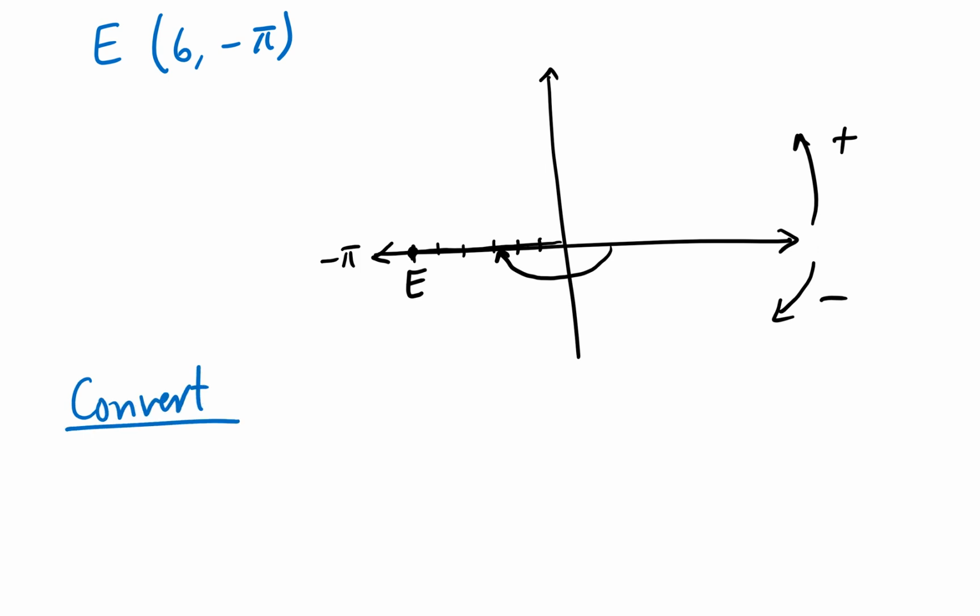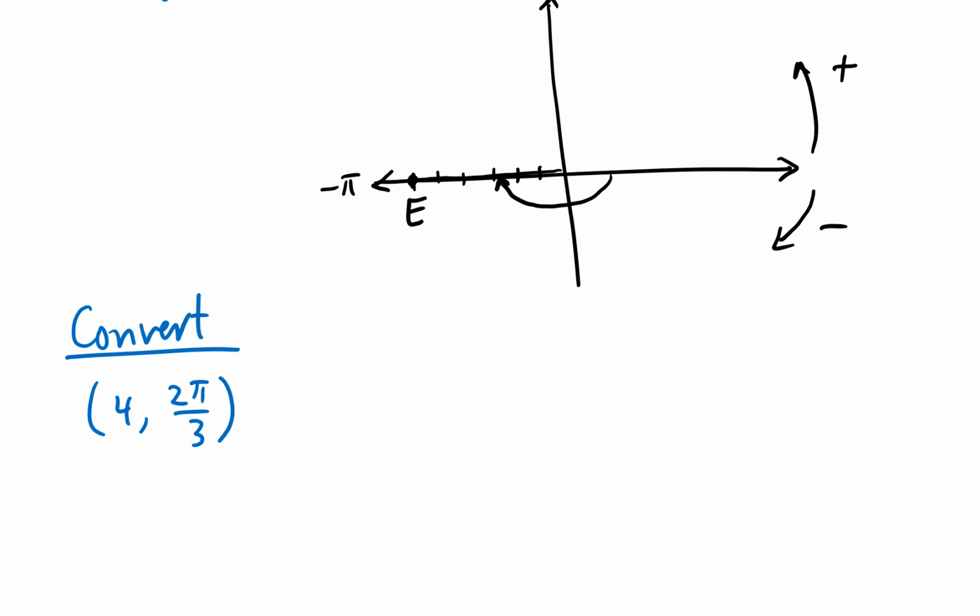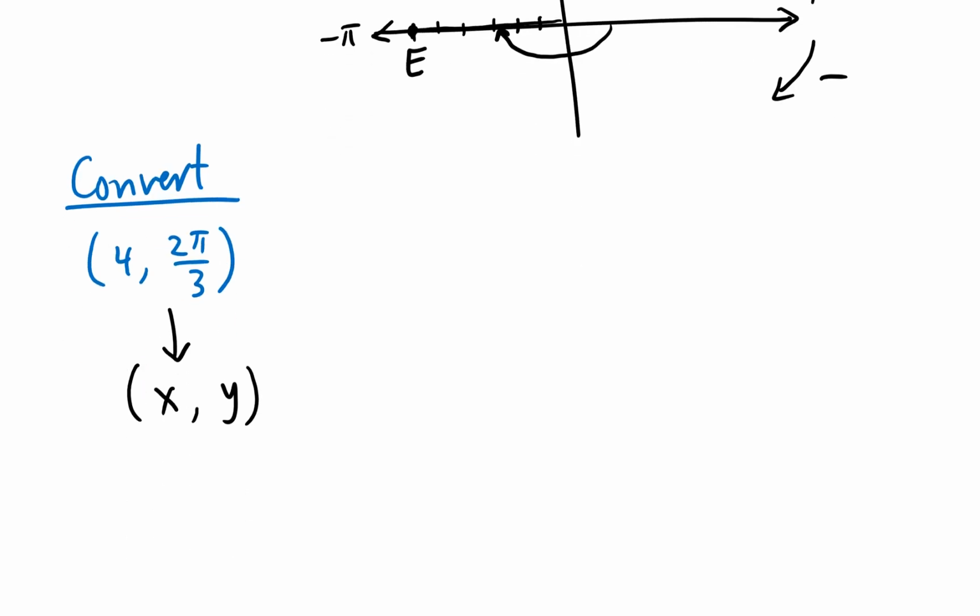How do we convert from polar to rectangular, or vice versa? Let's say this one, 4, comma, 2 pi over 3. You can tell this is polar, it's r, theta. So how are we going to convert that? I want to find the x, y coordinates. What's the x here?